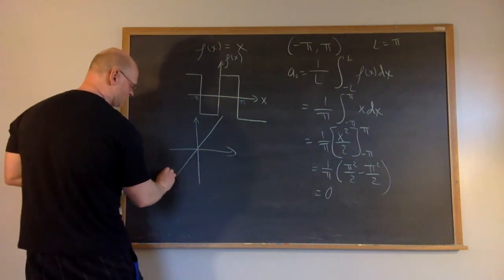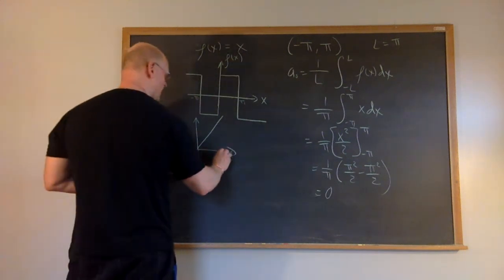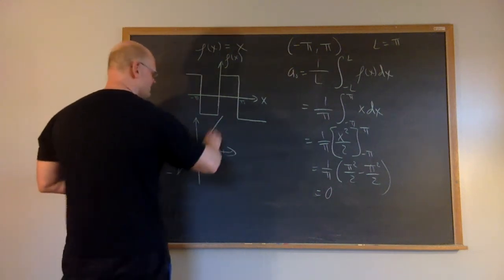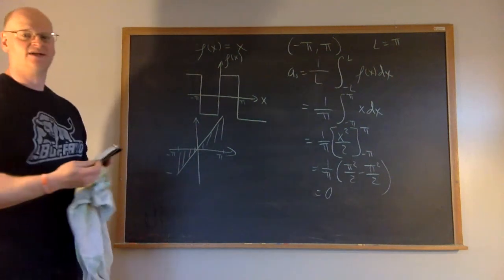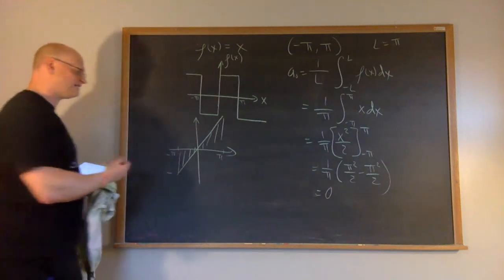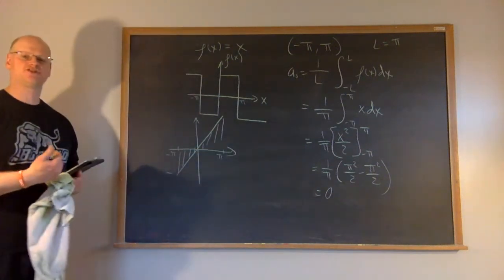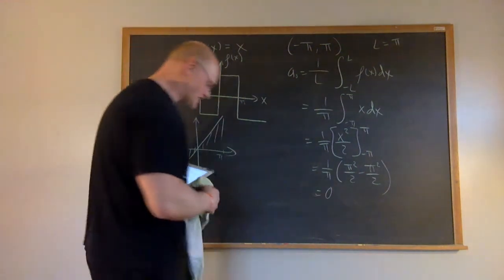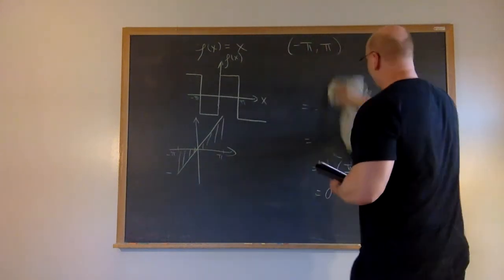If I integrate from minus pi, which is this location, to pi out here, the area enclosed here is exactly the same as the area enclosed here, which means the average between those two is simply equal to 0. So if I integrate any odd function over the range of the period, the evaluation of that integral must be equal to 0. So using that, that'll allow us to determine what the ANs are automatically.